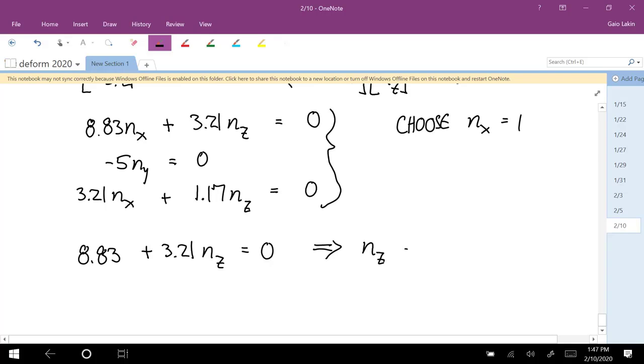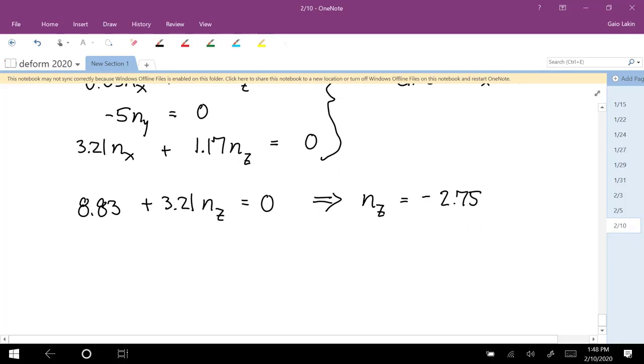So nz is equal to negative 8.83 divided by 3.21, which is 2.75. So we have this vector now that says our n is equal to 1, 0, negative 2.75.